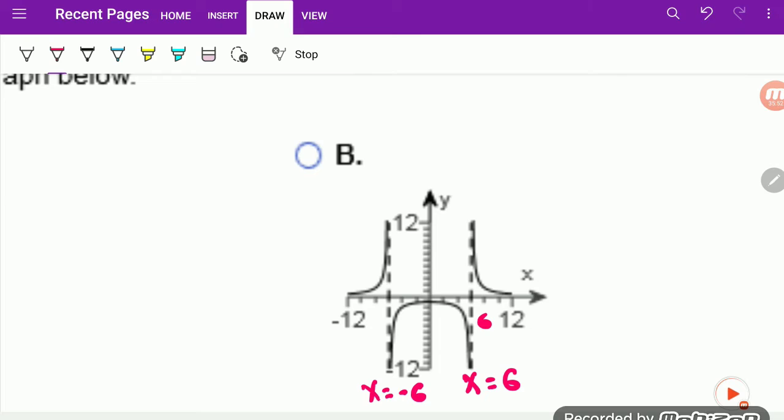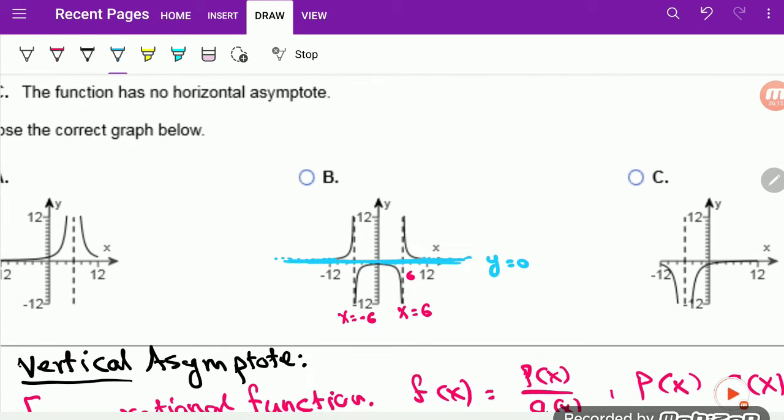What about the horizontal asymptote? Yes, there is one, because this curve goes toward infinity and doesn't touch it. The horizontal asymptote is y equals 0, which is the x-axis. So B is probably the answer.